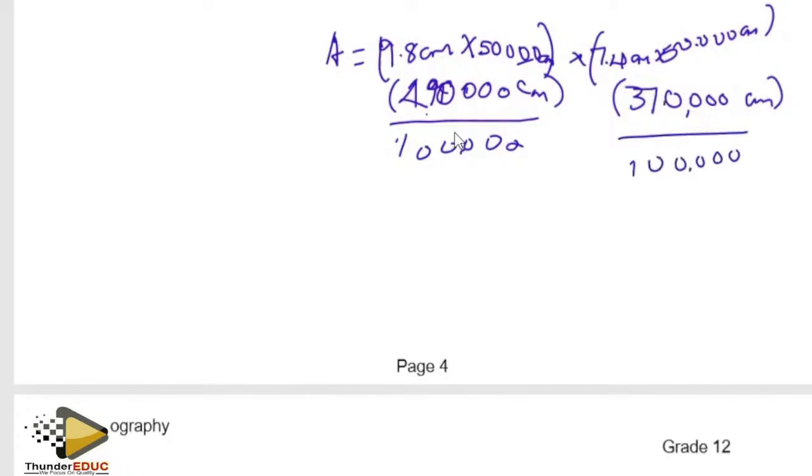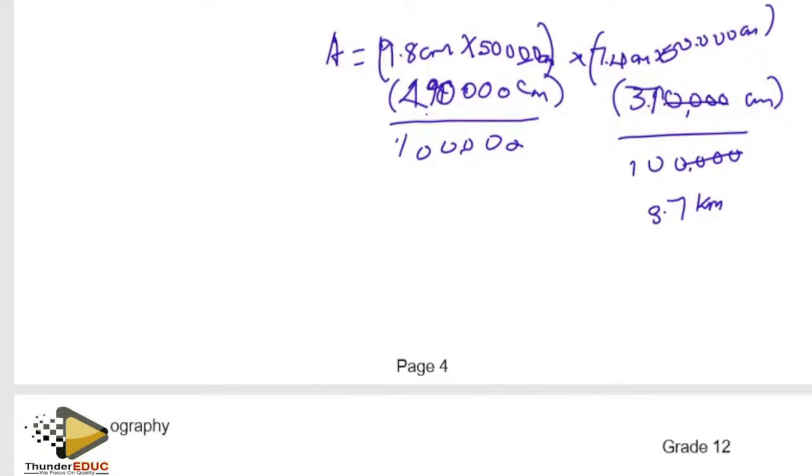Such that I'm remaining with 1 place, I move it here, it becomes 3.7 kilometers. That means this one has changed from centimeters to kilometers.